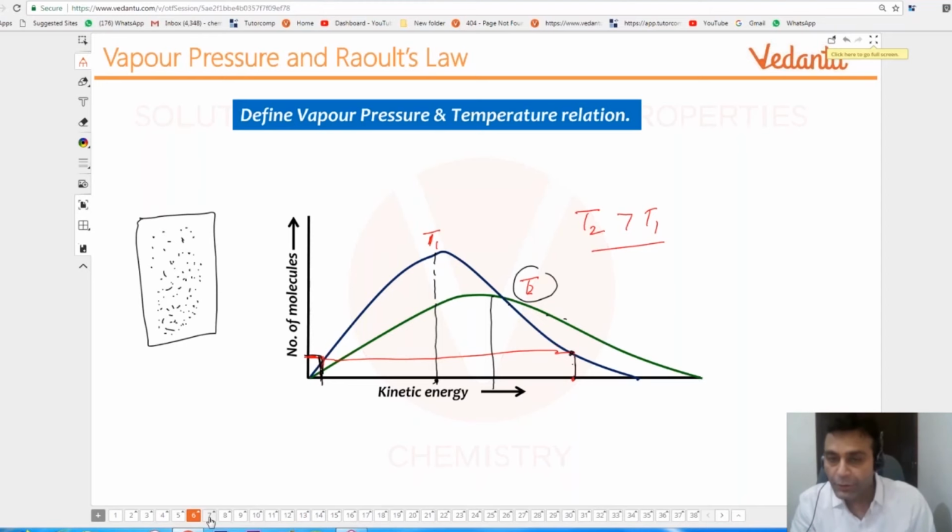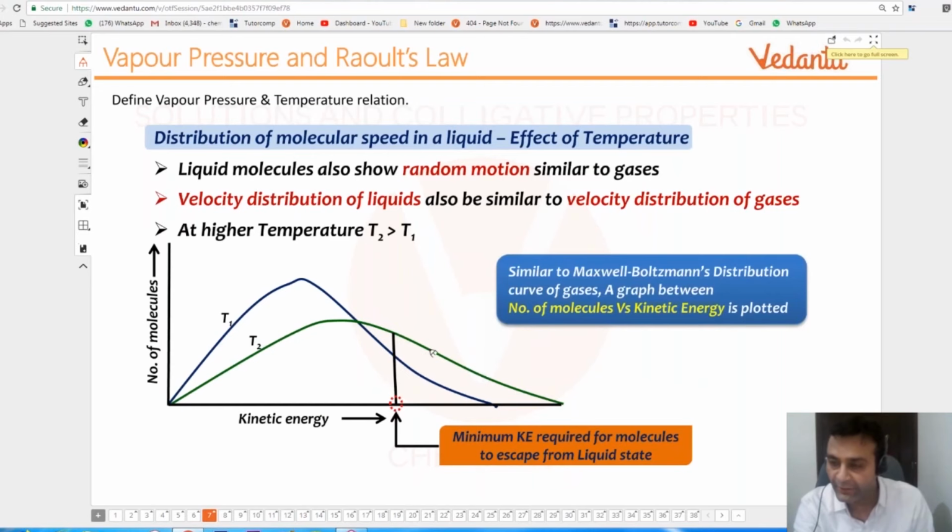Now, liquid molecules also show random motion similar to gases. So the same thing we can write here. The same graph we can draw for the liquid also. And now suppose this is the minimum kinetic energy for escaping from the liquid into its vapor state. At a temperature T1, this much is the fraction of molecules which can evaporate.